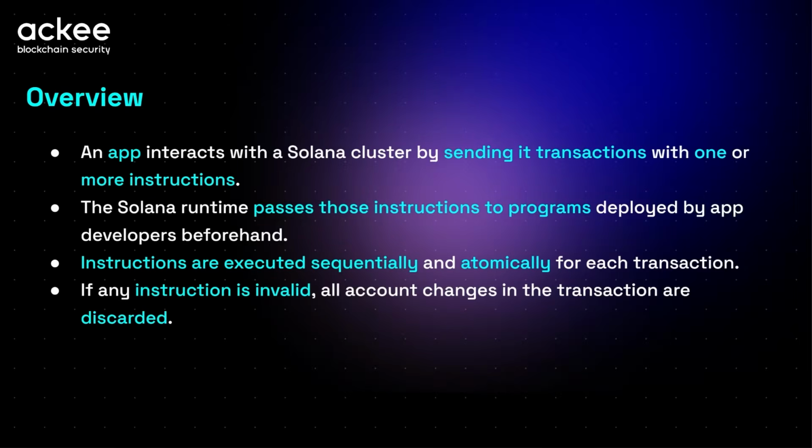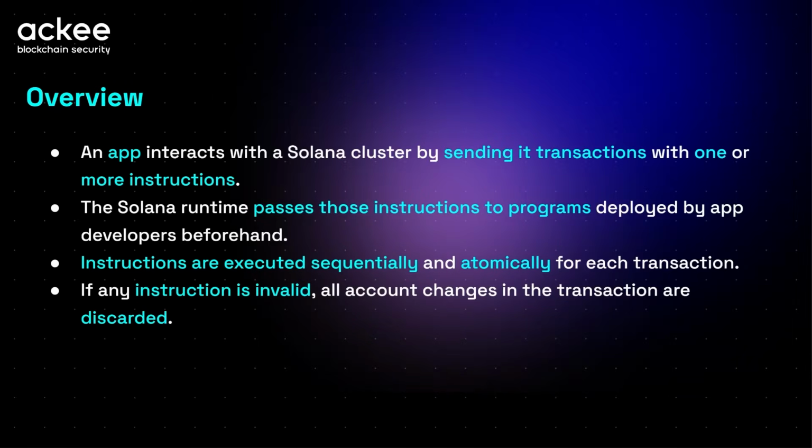So this is the basic idea. This is the overview of how it works on Solana. It starts with the app. The app creates an instruction, or multiple instructions. These instructions are then inserted into the transaction.